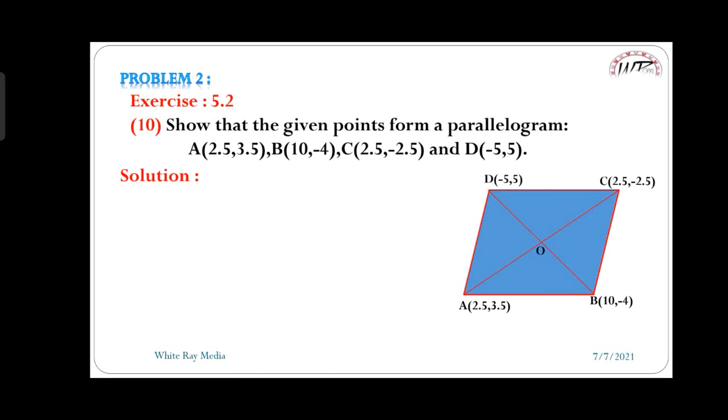You can see the illustration picture. Here AB is parallel to CD, and BC is parallel to AD. Pairs of sides are parallel and equal, and the midpoints of the diagonals are the same. O is the midpoint.